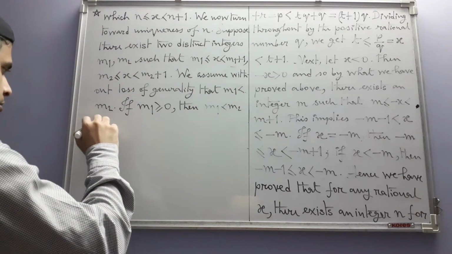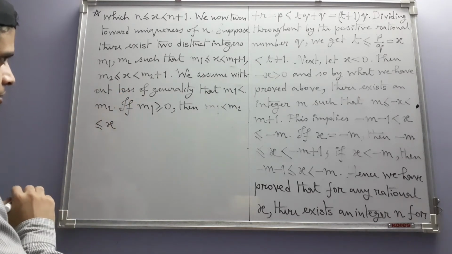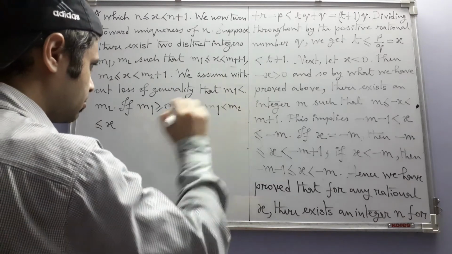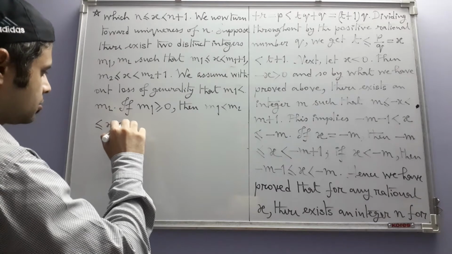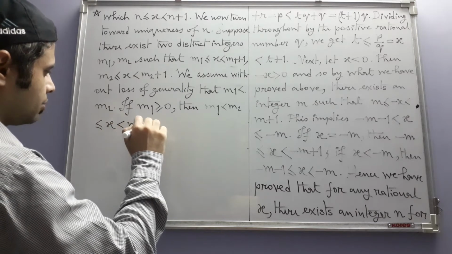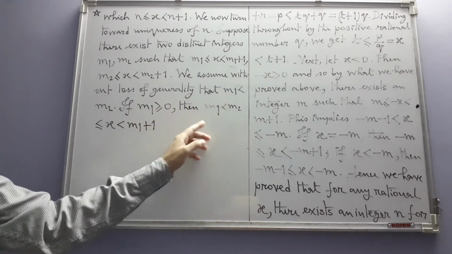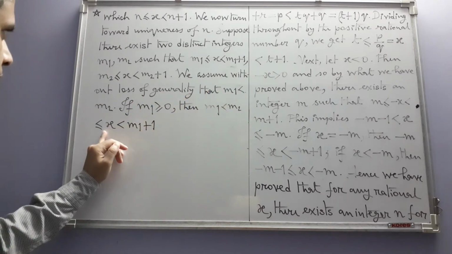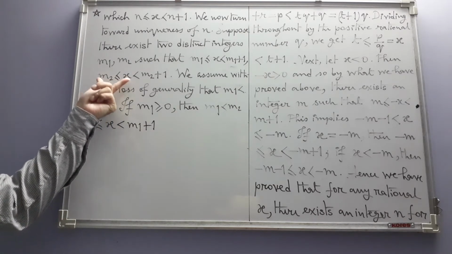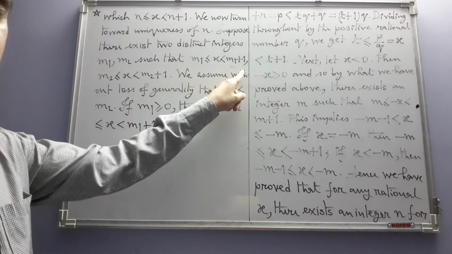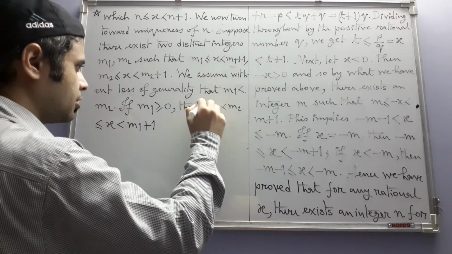Okay, m2 is less than or equal to x, and x is again strictly less than m1 plus 1. The first inequality is the one we have assumed. The second one is coming from here, this one, and the third one is coming from here. Okay, so we have a sequence of three inequalities.